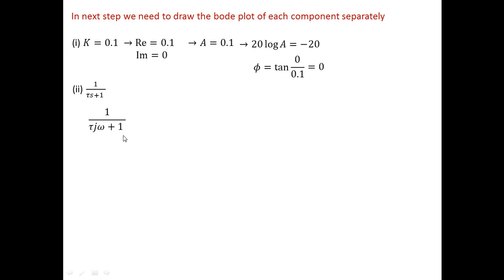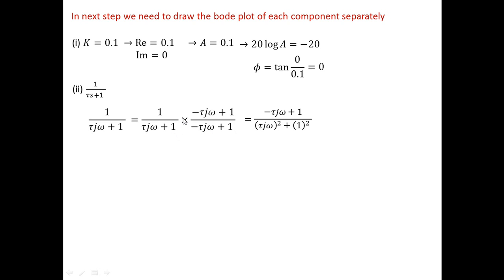To do so, I need to get rid of j in this denominator. I multiply the numerator and denominator by the complex conjugate of this complex number, so I have 1 over (tau j omega plus 1) multiplied by (minus tau j omega plus 1) over (minus tau j omega plus 1). This value is the complex conjugate of this complex number.